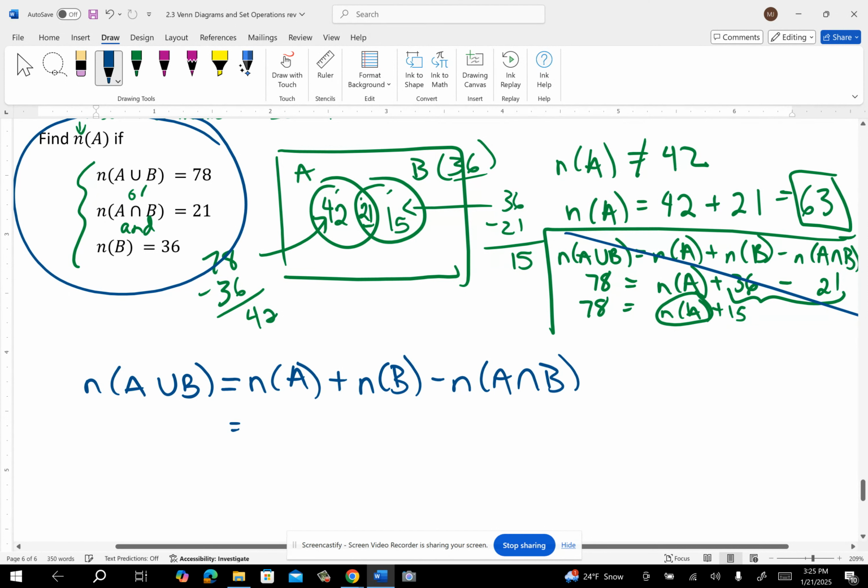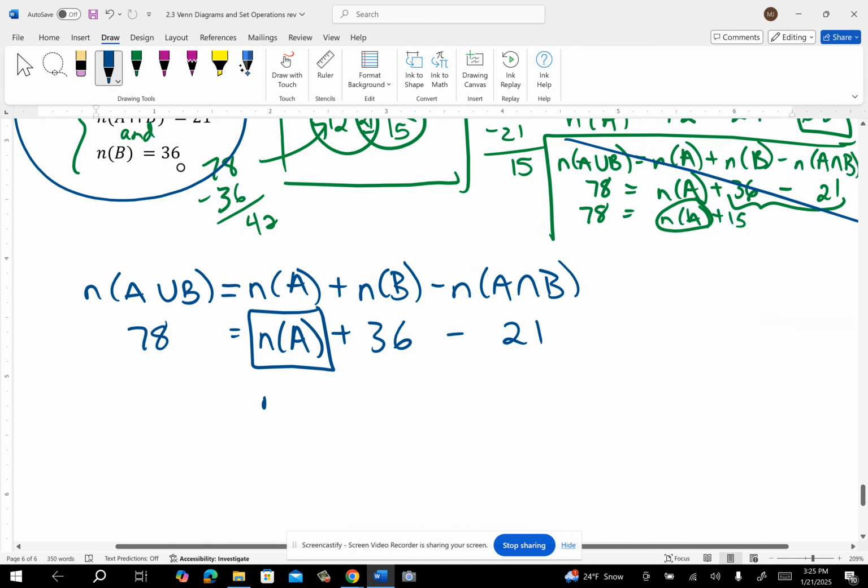Now, we could just not draw a Venn diagram and use this. 78 is the number in the union. 21, number in the intersection. B had 36, and we're wanting to know the number of elements in A. So this is what we're trying to solve for. This is what we want by itself. So if you know some algebra, what you could do is go ahead and do 36, take away 21.